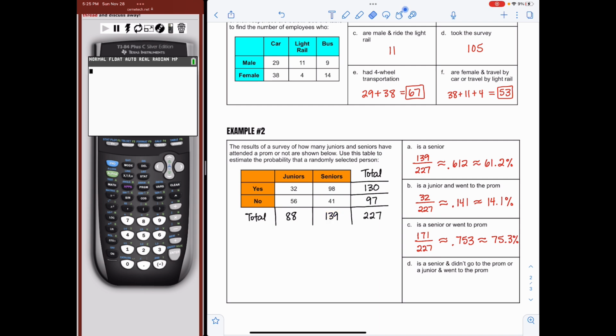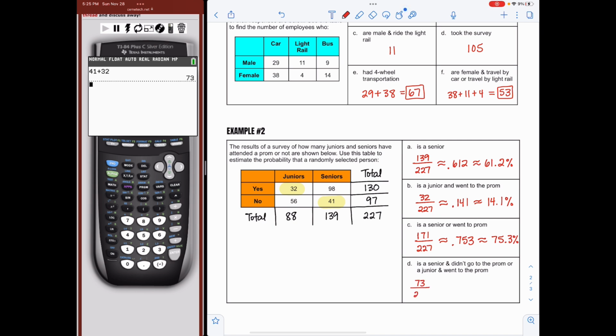All right, and last but not least, D, it says, is a senior and didn't go to the prom. So the seniors who didn't go to the prom it was 41 of them. And then you can say, or you can be a junior and went to the prom. So that was 32. So that was 41 plus 32, which is equal to 73.